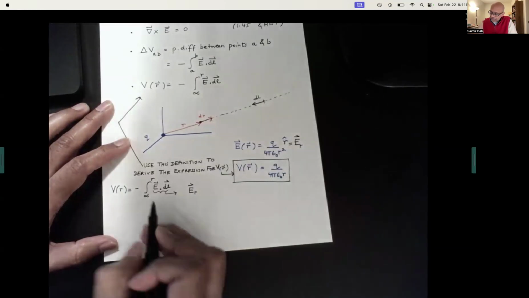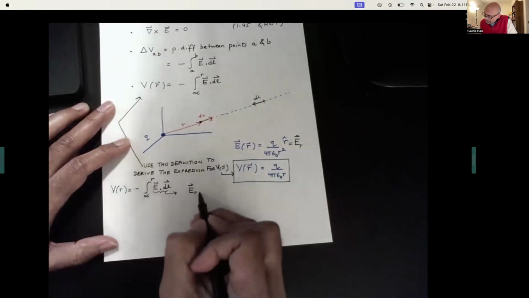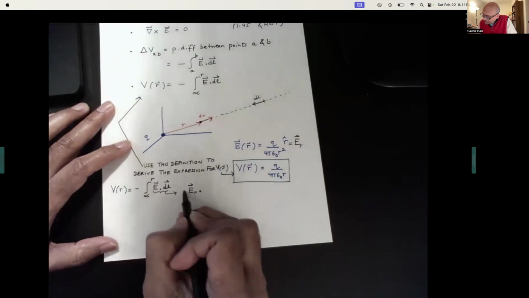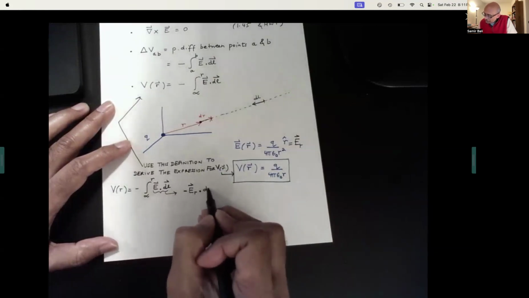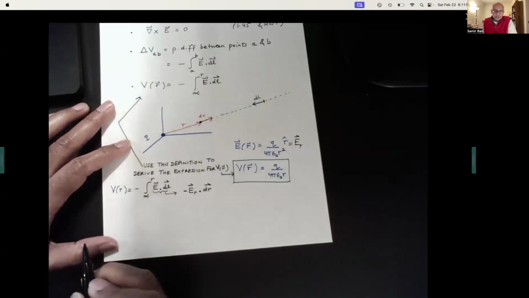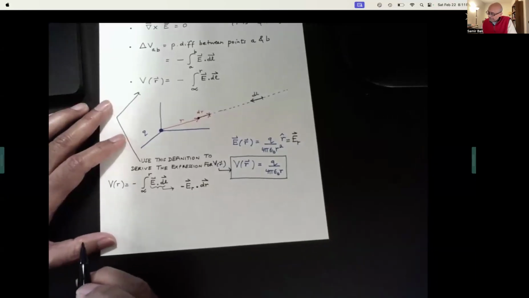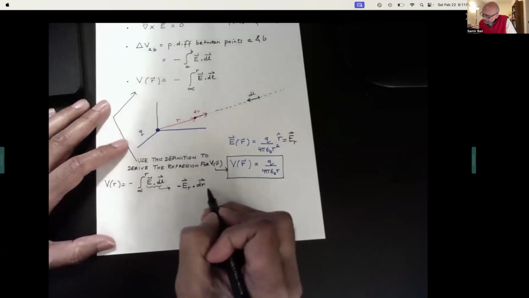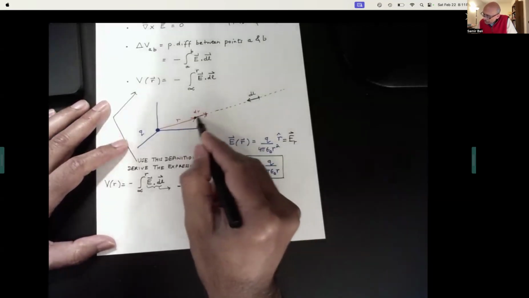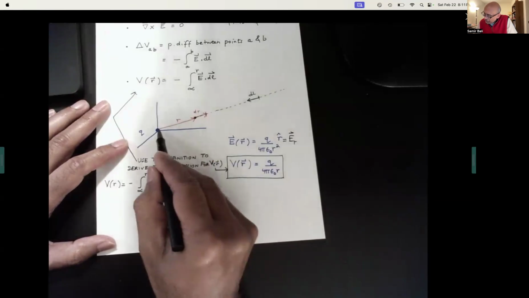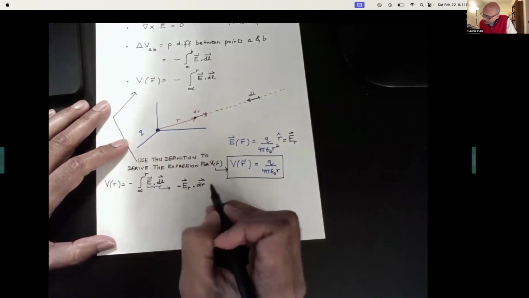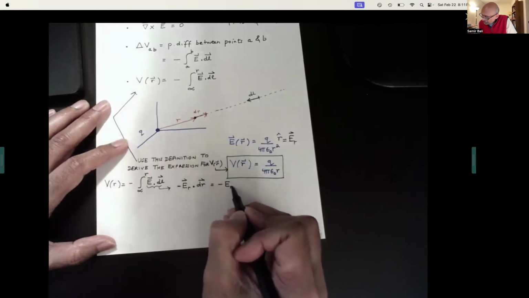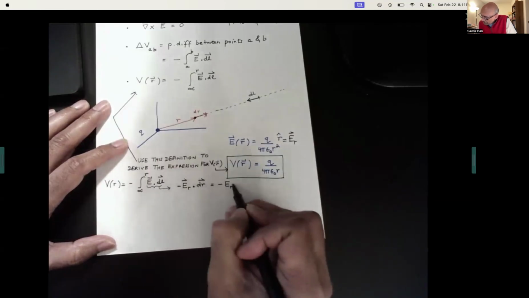Okay, so I got that. That's what vector E is. And then this is dot with dl, which is a negative dr. So that's what I need to calculate. And then, of course, the vector dr and the vector E sub r are pointing in the same direction. So this is equal to minus, you see now the vectors are gone.